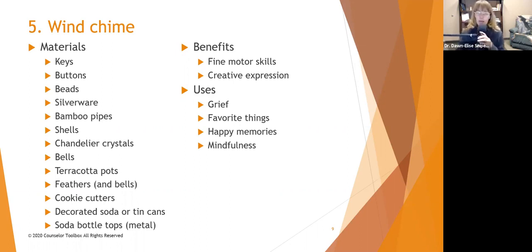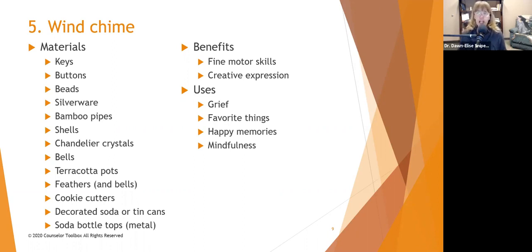Encourage them, for example, if it was their grandmother, maybe they have some beads and buttons and silverware that remind them of their grandmother, and they can string those together. So they're things from grandma's treasure trove that are still making noise, if you want to put it that way, that are still bringing up memories in their mind.